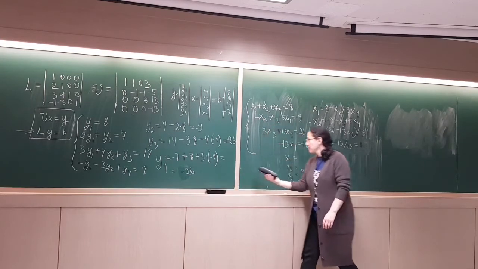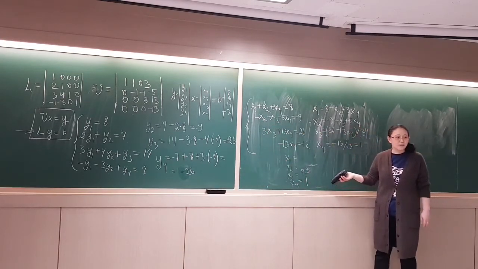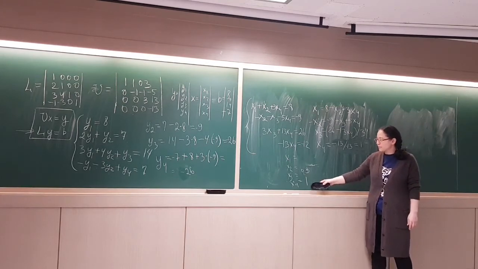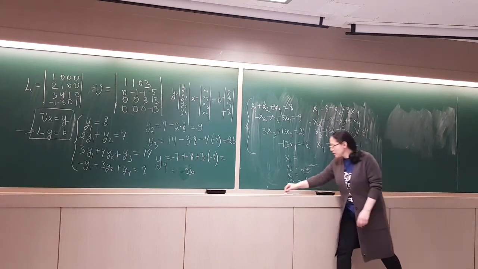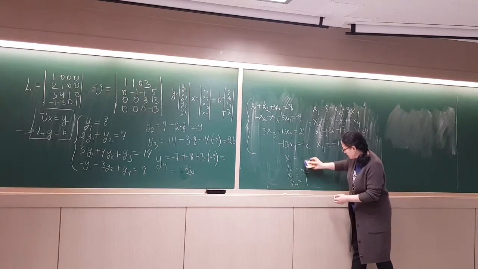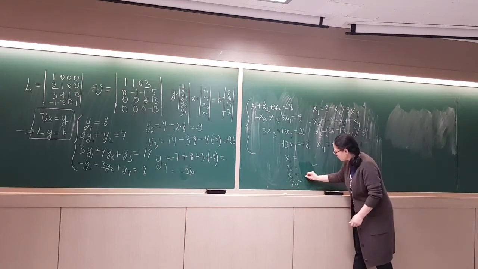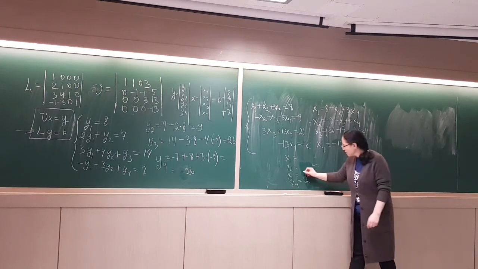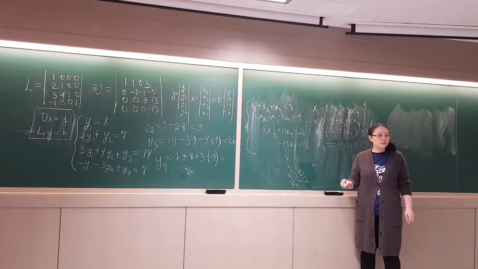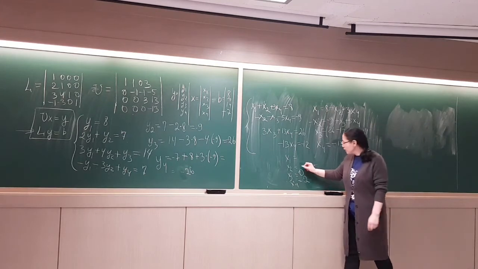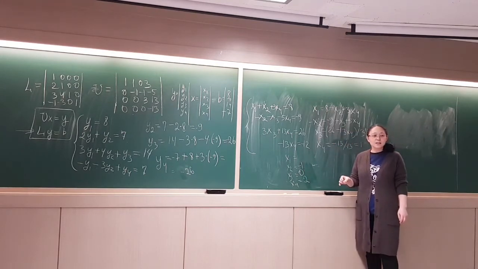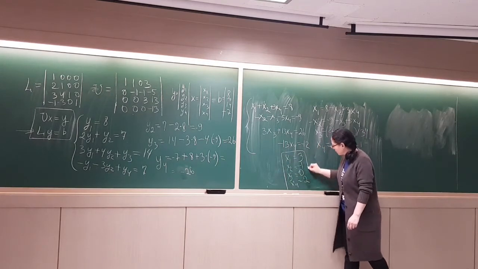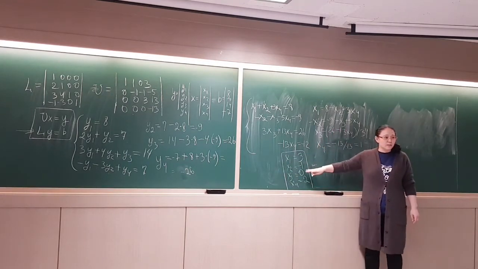And what is this? x4 is 2. Okay. x4 is 2. x3 is 0. x2 is minus 1. x1 is 3. This is the solution. Okay.